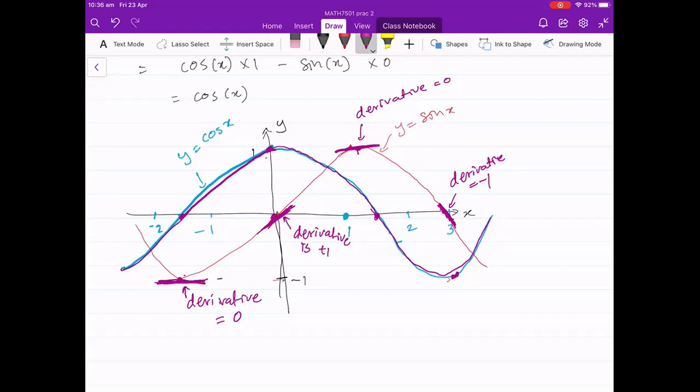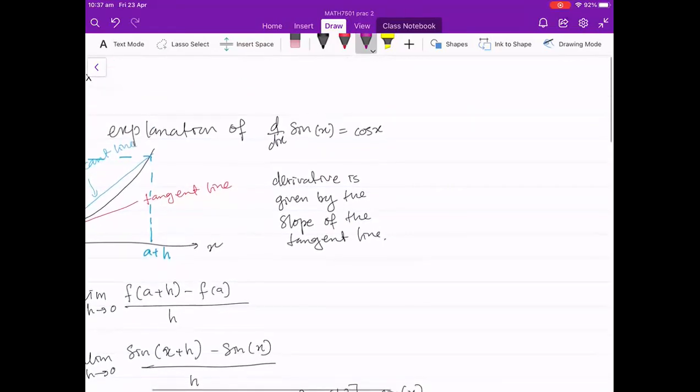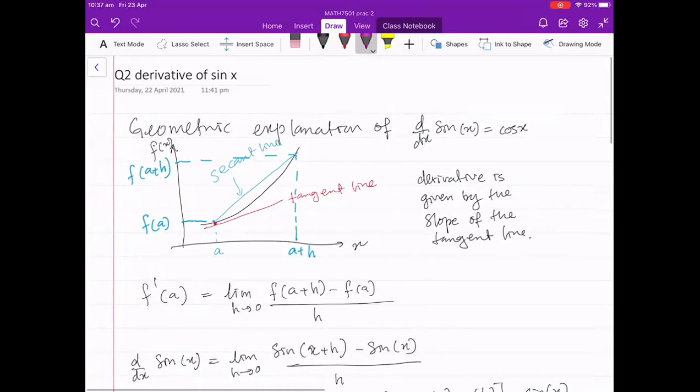All right, the second part is to prove the result in part A using the fact that sine of x plus h equals sine x cos h plus cos x sin h. That is the trigonometric identity. Right.